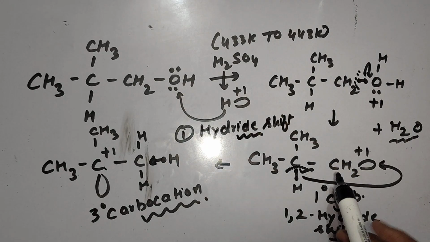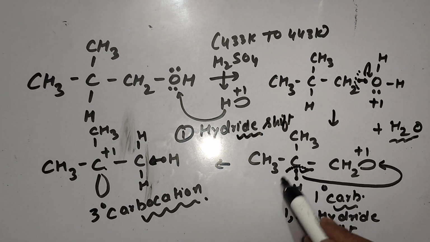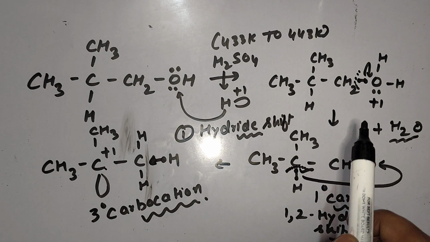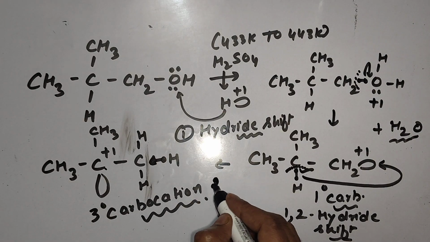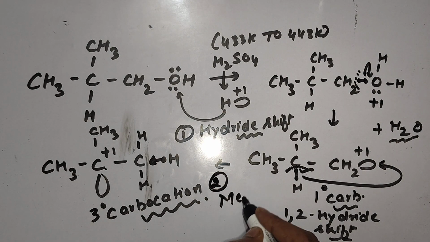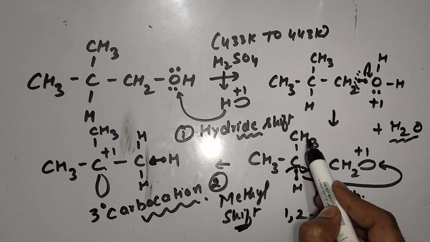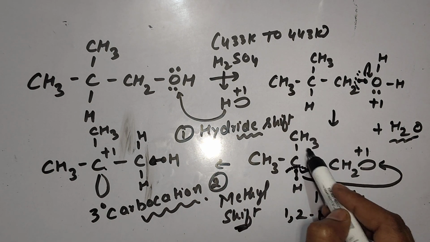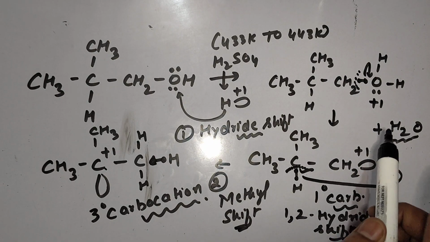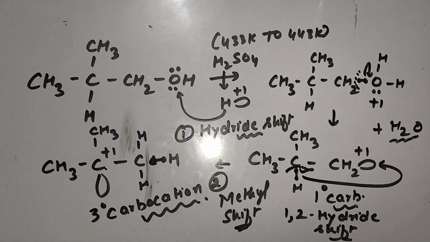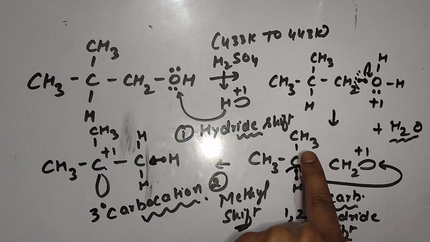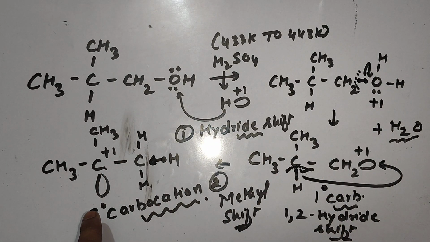If you are transferring hydride from a neighbor carbon to the carbocation, we call it hydride shift. Second is methyl shift. This methyl group can also be shifted toward the carbocation to make a better carbocation. Here I have preferred hydride shift because after hydride shift I am getting a 3-degree carbocation.